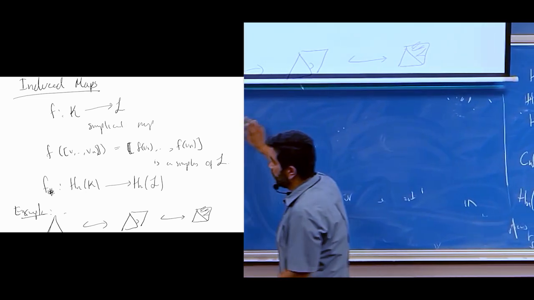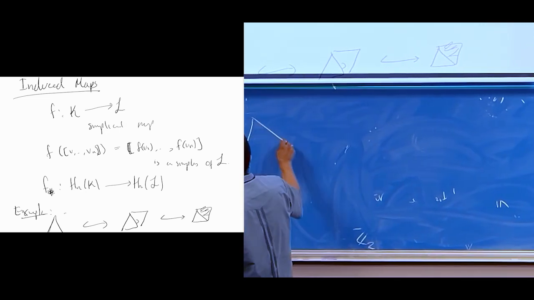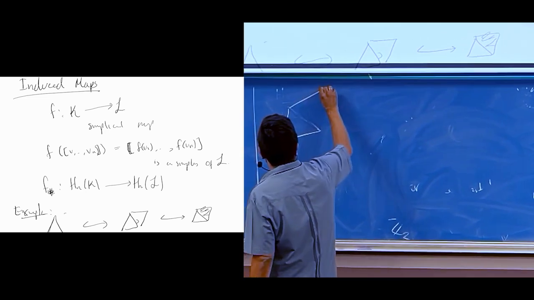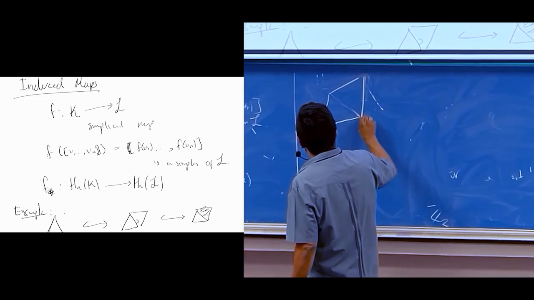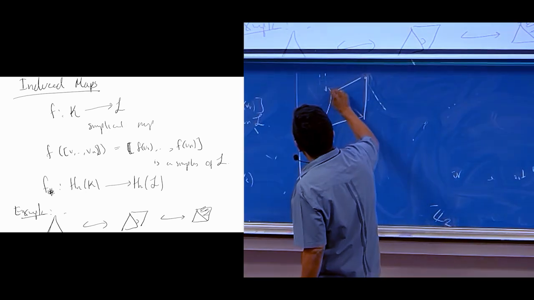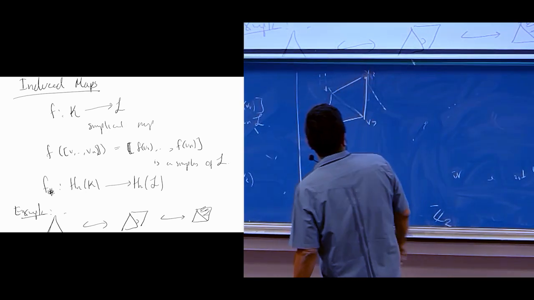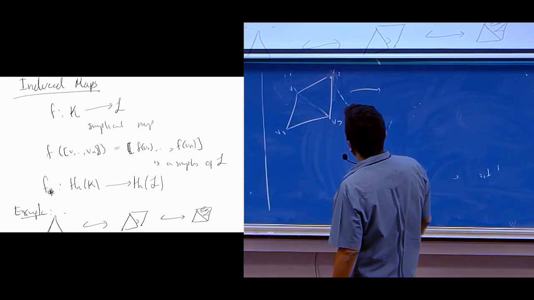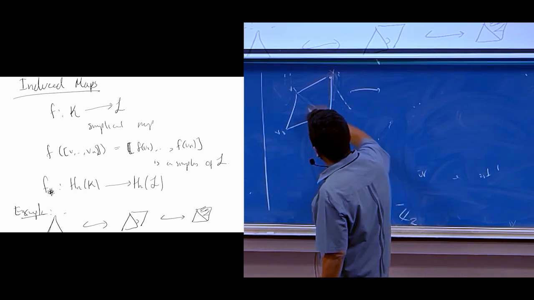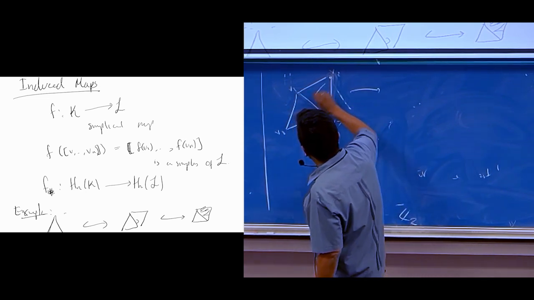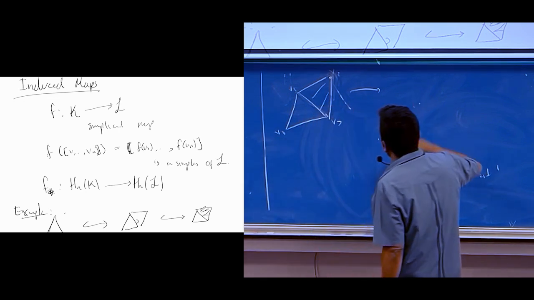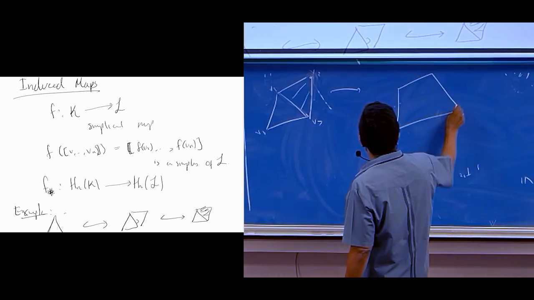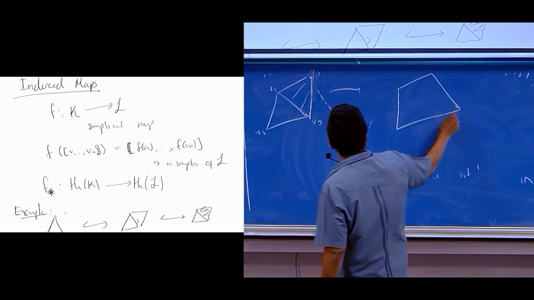An example where things don't work is, for example, if I have a simplicial complex like this, with 4 edges, V0, V1, V2, V3, and I want to map it over here, and over here.